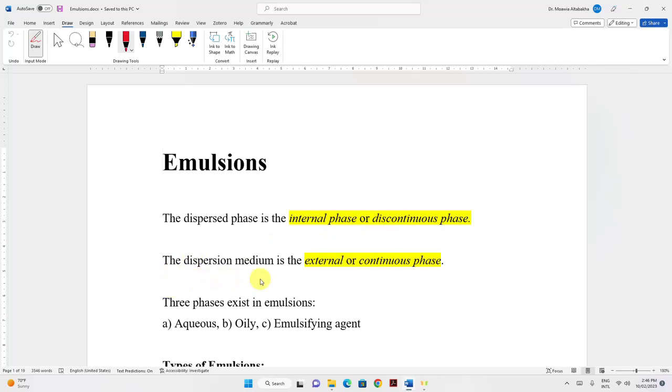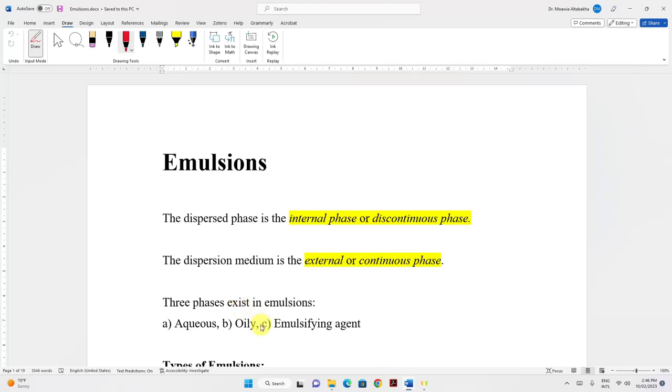For the dispersion medium, or the dispersing phase, in emulsion we usually refer to it as external. Opposing the internal phase, we have the external phase, and opposing the discontinuous phase, we have the continuous phase. So this is what we call the dispersion medium.